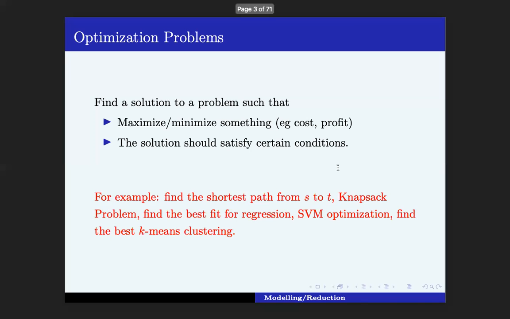For example, you have seen shortest path, right? You are given a weighted graph and the goal is to find the shortest path between S and T. Or you are given a knapsack instance and the goal is to find a solution so that you can take the maximum cost of elements in your knapsack.